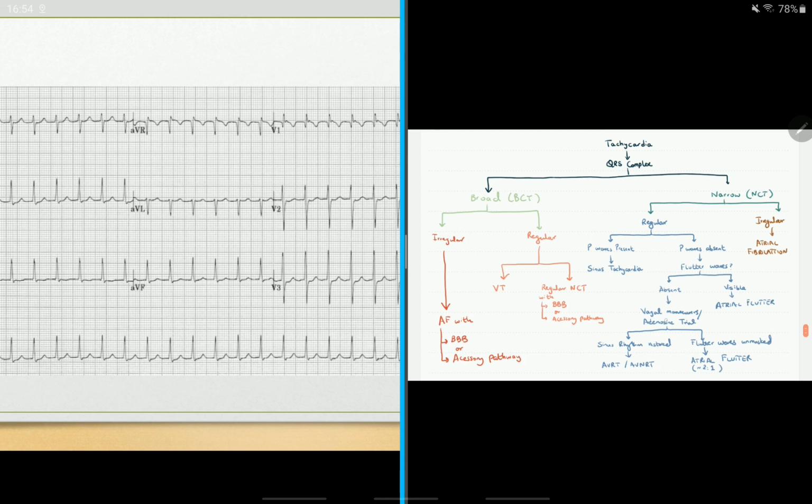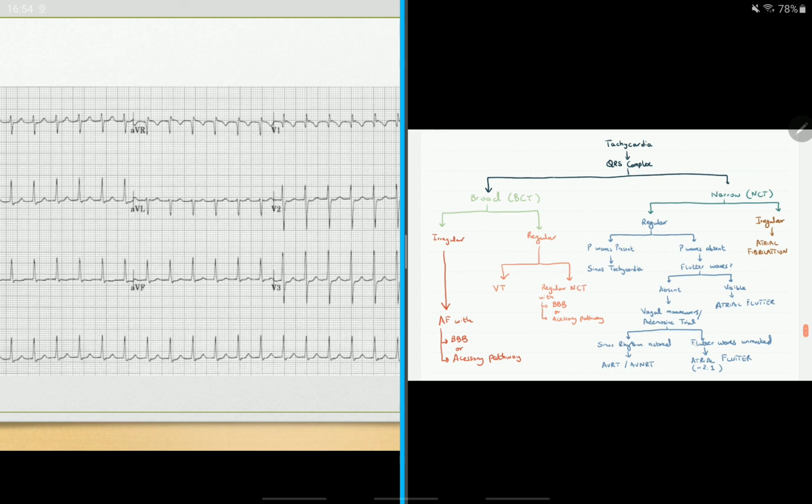If the sinus rhythm is restored, this is AVRT or AVNRT, because blocking the AV node in this instance would block one of the components of the re-entry circuit pathway, and this would lead to termination of AVRT or AVNRT, and the sinus rhythm would be restored.